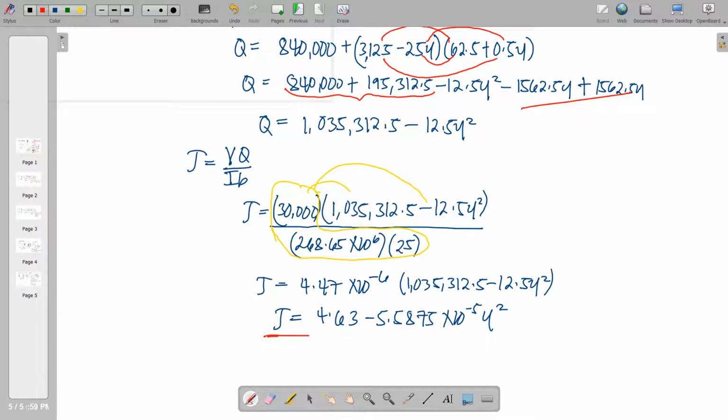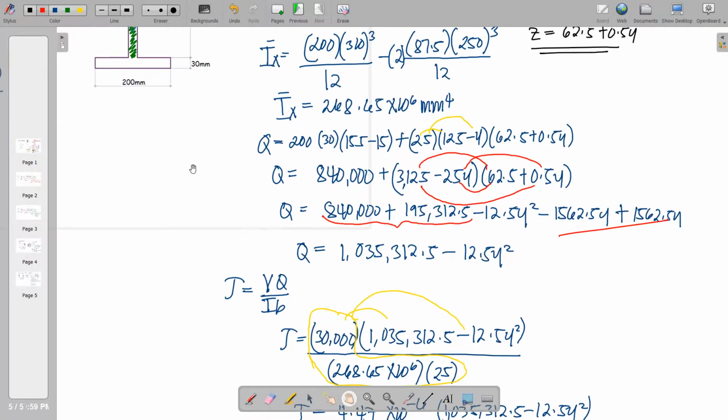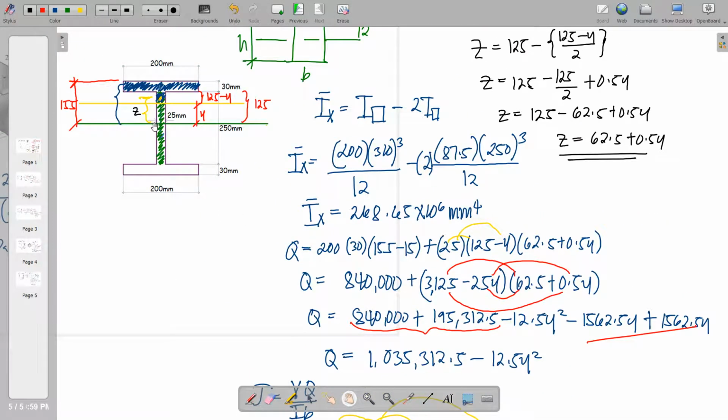So as a result, we have an equation for tau in terms of y, because y here is changing, remember, and y covers from the neutral axis up to the portion of the web and the flange.